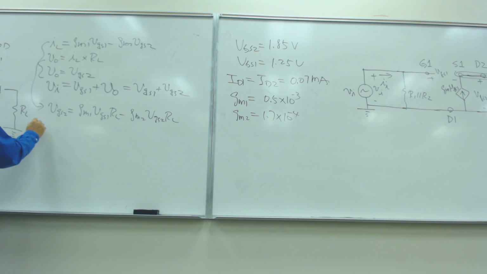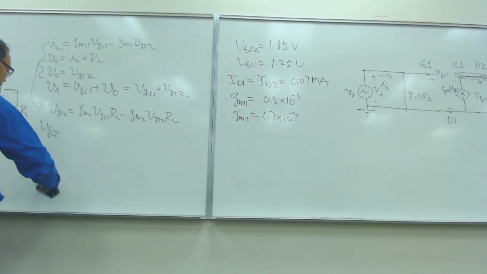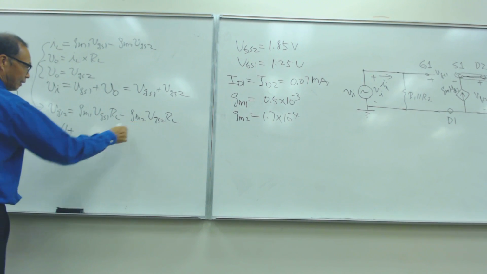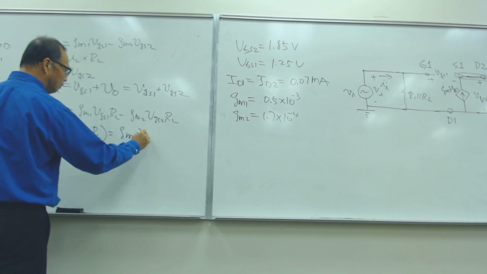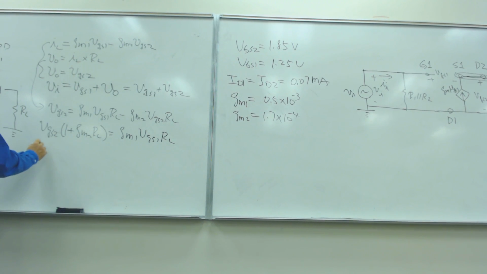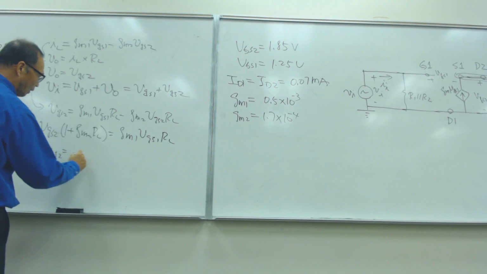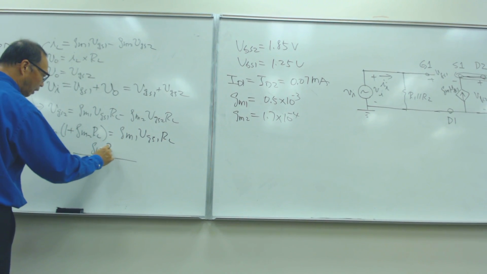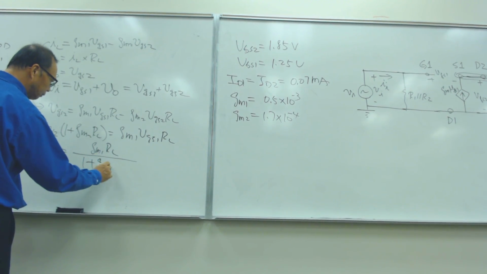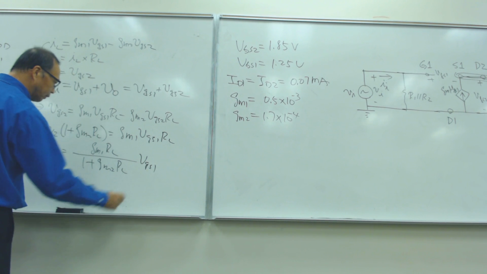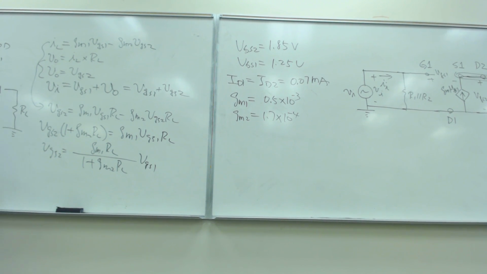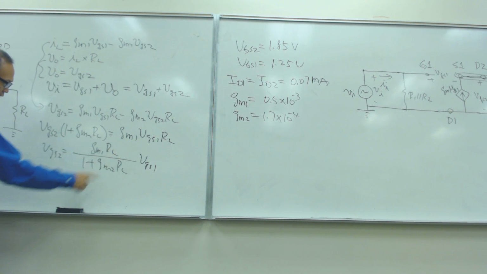From this equation, you can see VGS2 times 1 plus GM2 RL equals GM1 VGS1 RL. Yes? So VGS2 equals GM1 RL over 1 plus GM2 RL times VGS1. Yes? So now I have the expression for VGS2 as a function of VGS1.